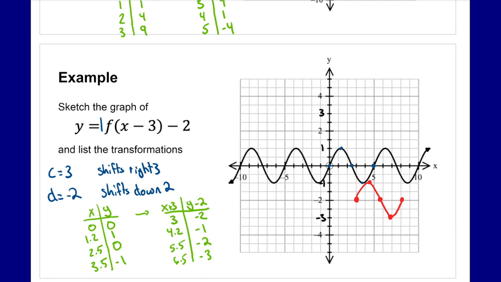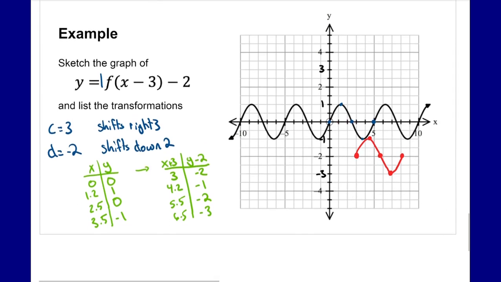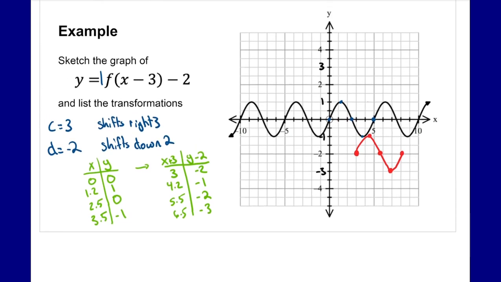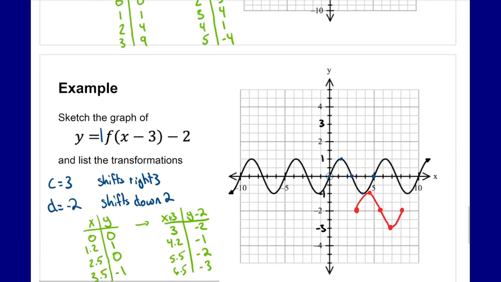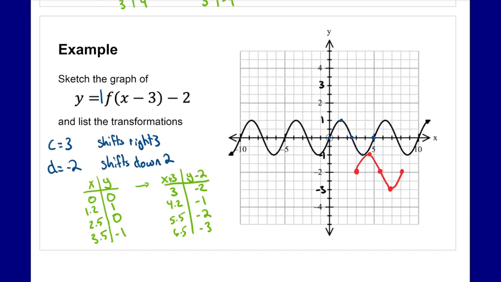In that case, sometimes the table might be more helpful because we don't have to worry too much about counting squares. We can just figure out what the new coordinates should be and apply them to our points, or just plot our new points. So the main thing from this lesson is just how to transform any type of function. Given a table of values, or even given the graph of a function, we can always get a table of values.